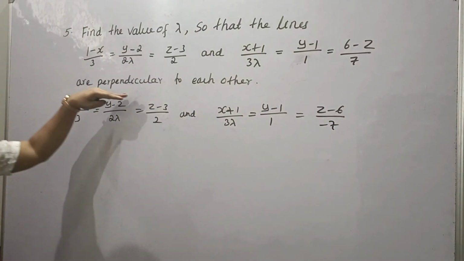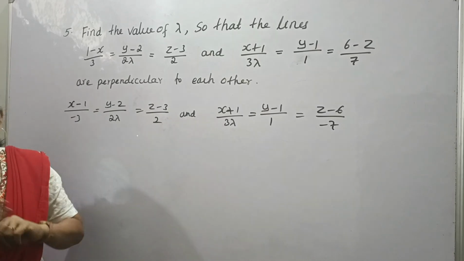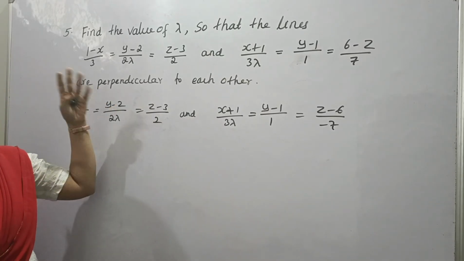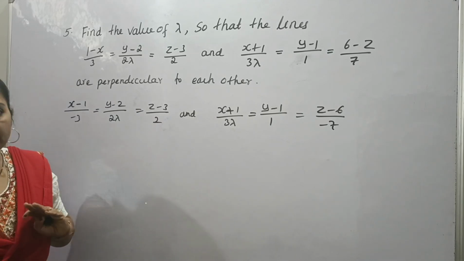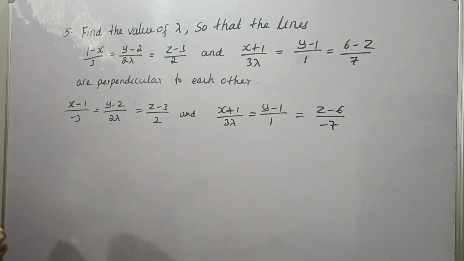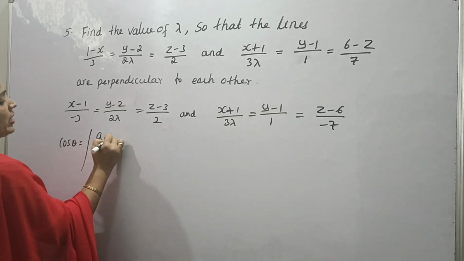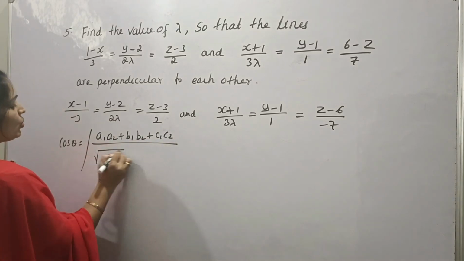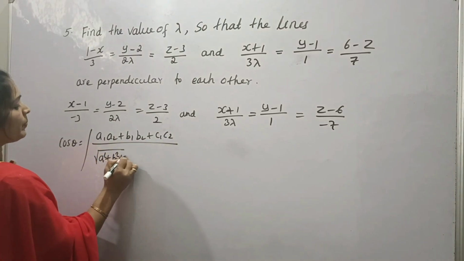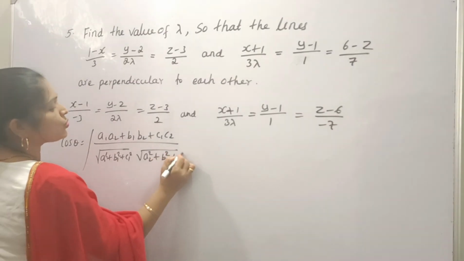Now we have to show these two lines are perpendicular. That means cos theta is equal to 0. Here it is given that these two lines are perpendicular, that means theta is equal to 90 degrees, so cos theta is equal to 0. Here we have the formula cos theta is equal to modulus of a1 a2 plus b1 b2 plus c1 c2 divided by root of a1 square plus b1 square plus c1 square into root of a2 square plus b2 square plus c2 square.